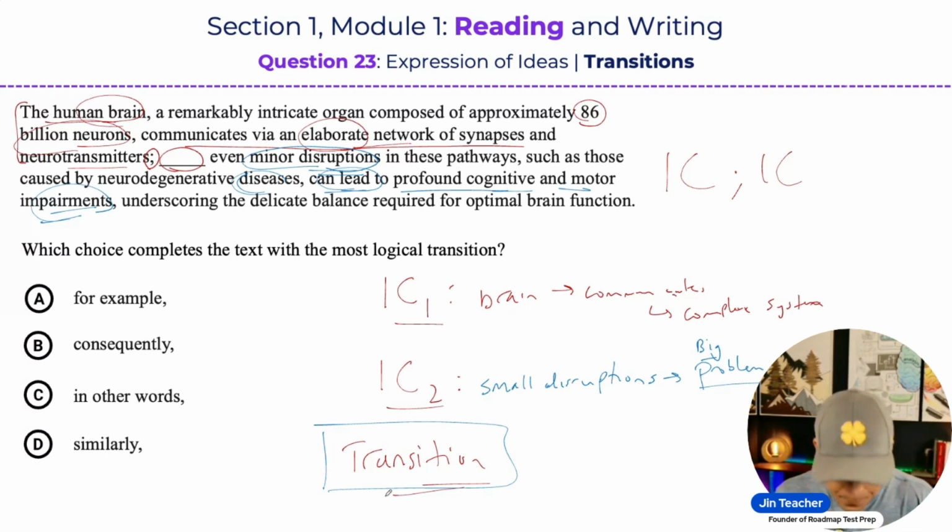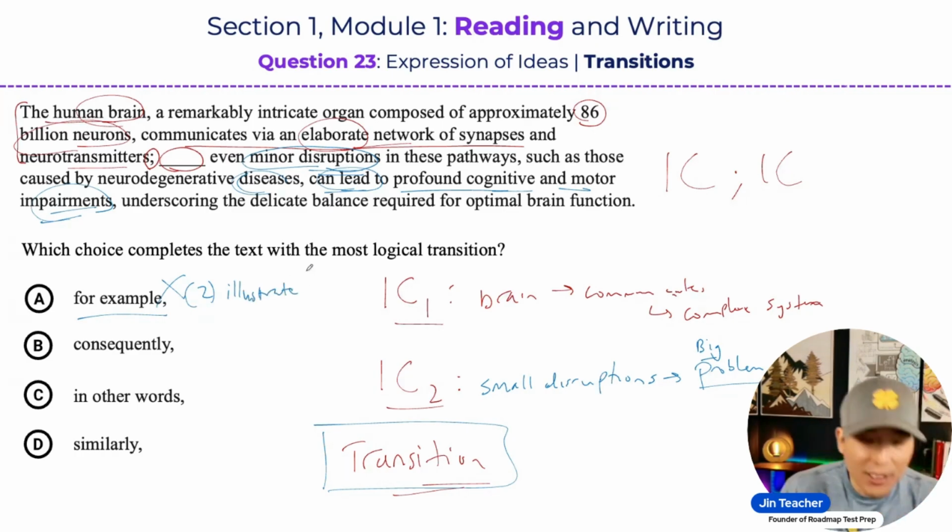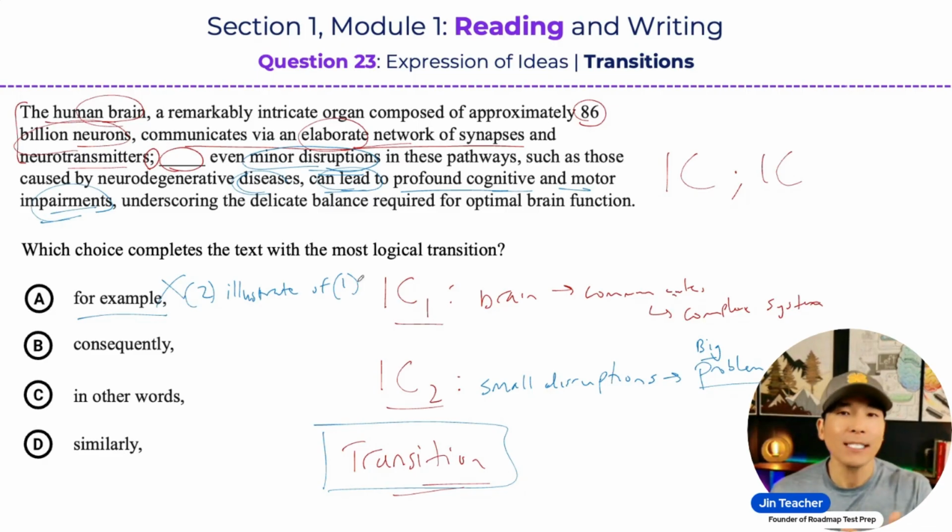For example, I know that "for example" is not the correct relationship, because the second independent clause would give you an illustration, an example or a more specific detail of the point of the first sentence. So whatever point was mentioned in independent clause 1, the second sentence will illustrate that. It'll give you specific details that show that. That's what I mean by understanding transition words precisely.